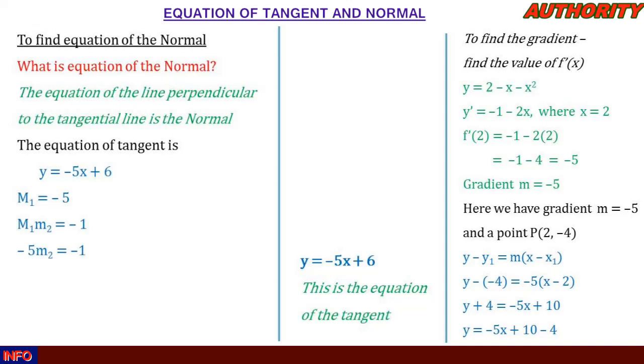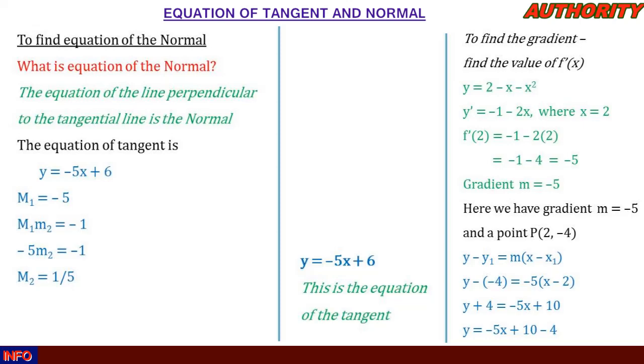That means minus 5 m2 is equal to minus 1. Divide both sides by minus 5 because we want to find m2, the second gradient. So m2 is equal to minus 1 all over minus 5. Therefore, m2 is equal to 1 all over 5.